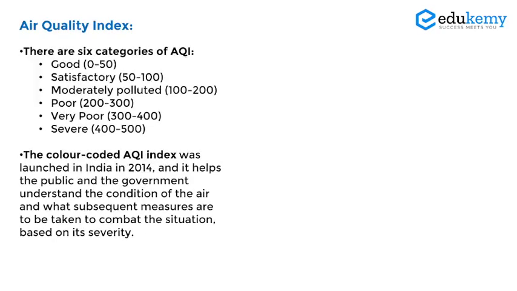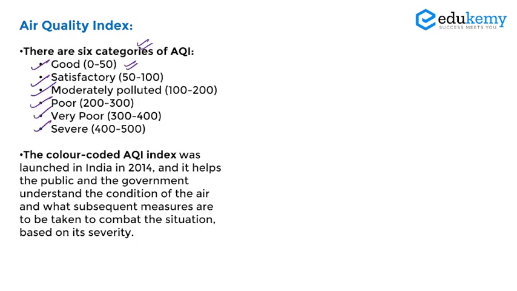All right. Now, when we measure their quantity in the environment, we see 6 categories of AQI, which are good, satisfactory, moderately polluted, poor, very poor, severe. Good is 0 to 50.